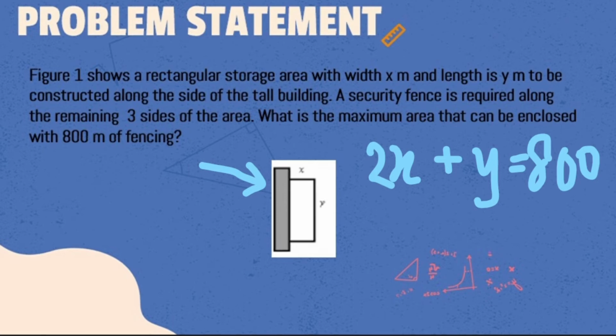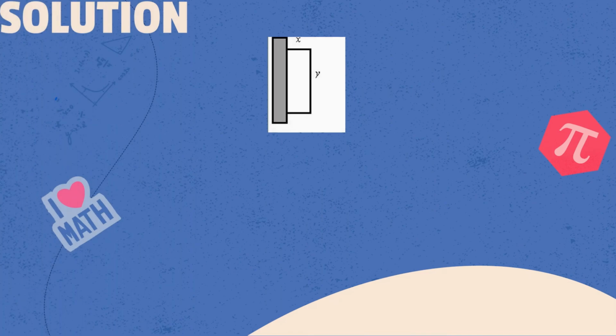And let's look at the solution. So now we are looking at the solution method for this question. First, as we know, the area of a rectangle is length multiplied by width, so the area is equal to x multiplied by y.